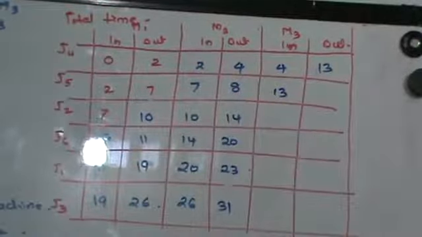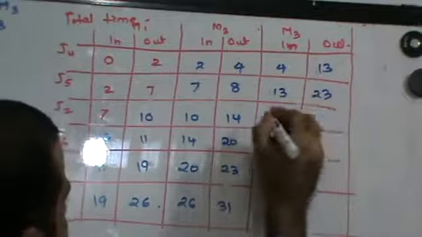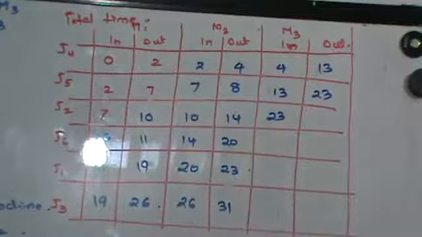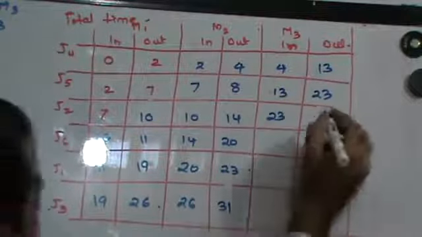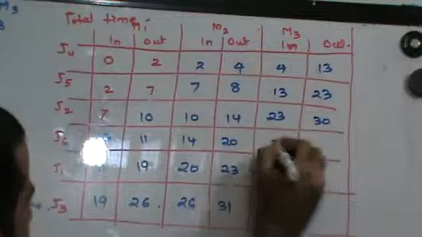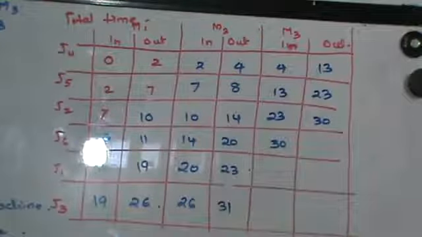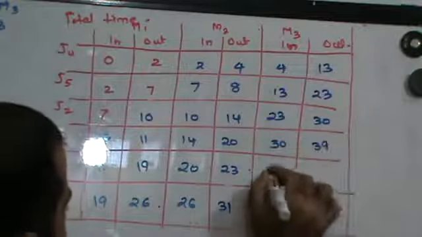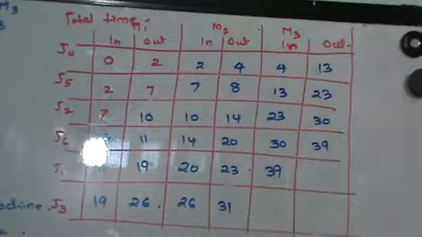J5 takes 10 hours, so that is 23. Now 23 comes down here as it is. J2 takes 7 hours, so this is 30. So 30 comes down here as it is. J6 takes 9 hours, so 39 comes down here as it is.